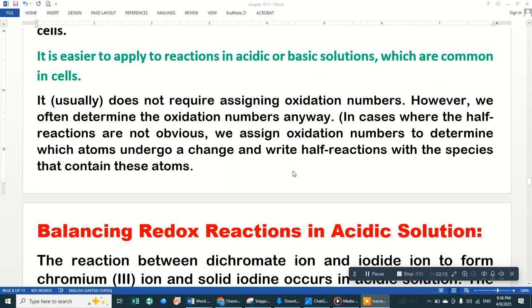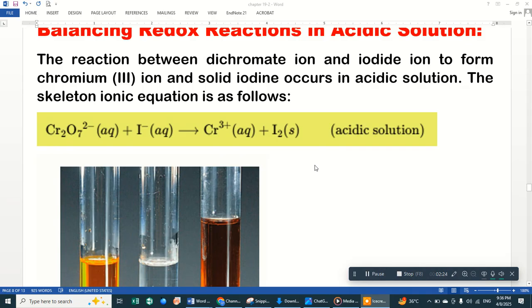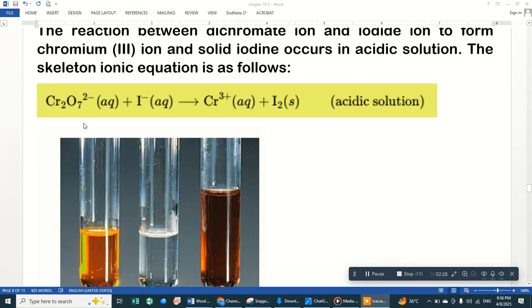Okay, first we will discuss the balancing of redox reactions in acidic solutions. We take the example of dichromate treated with iodide solution.